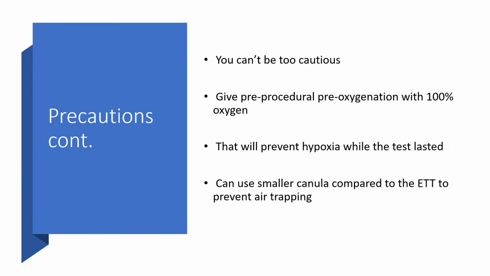Still on precautions, because you can't be too cautious. Give procedural pre-oxygenation with 100% oxygen. That will prevent hypoxia while the test lasts. You can use a smaller cannula compared to the diameter of your endotracheal tube. And why that? To prevent air trapping.